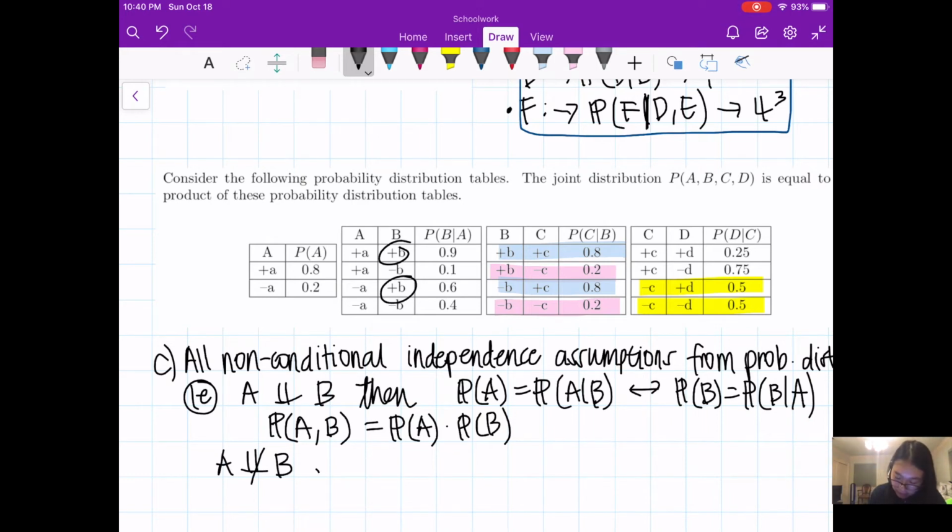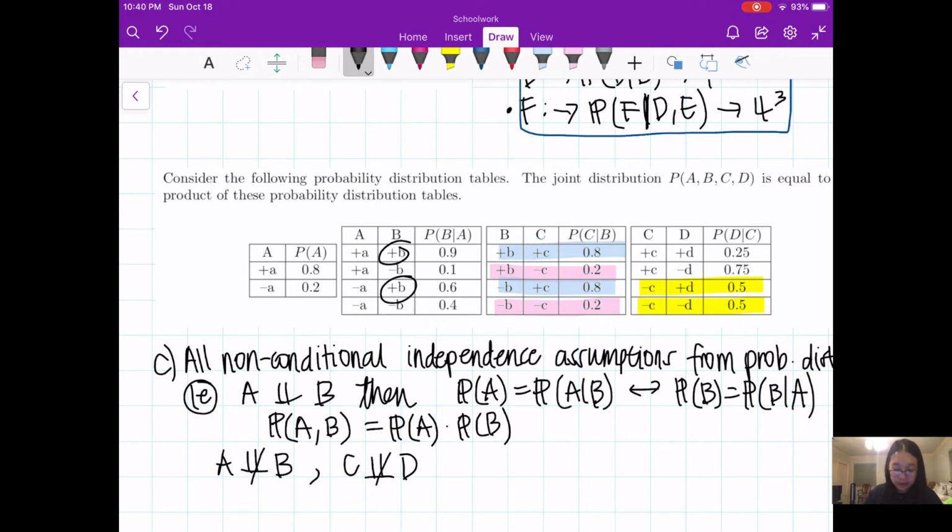And a similar situation happens with C and D. We know that C is not independent with D because if we look here, in both of these situations we have positive C, but the values are different. So C is also not independent of D. You can go through and check the other ones as well, but these are the only two that differ.